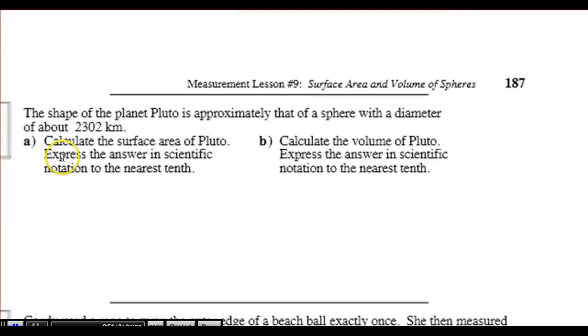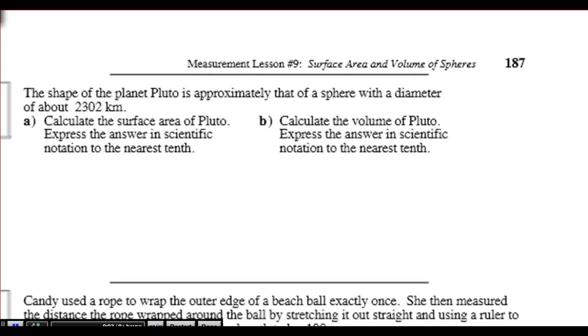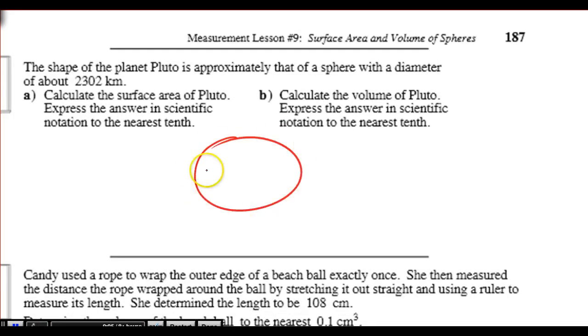Let me just do a couple examples. So the shape of the planet Pluto is approximately that of a sphere with a diameter of about 2,300 kilometers. Okay, I'm going to do a diagram in the middle here. Let me pull this up a little bit. All right, there's my sphere. Hopefully you can maybe imagine that sort of three-dimensional there.